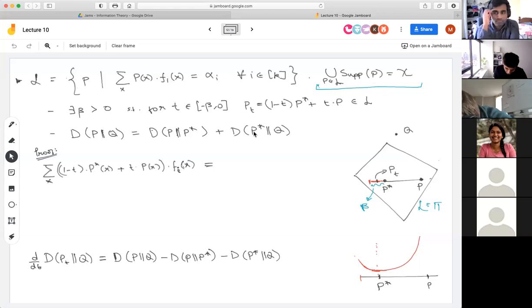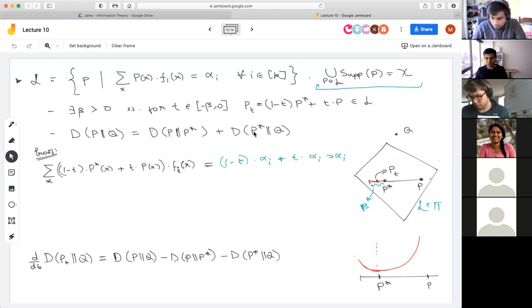The fact that it satisfies all the equalities is very simple, because we can just split the summation, and the equalities are true for P star and they are true for P. It doesn't matter if t is positive, negative, whatever value, you're just adding these two, and so you get alpha I.